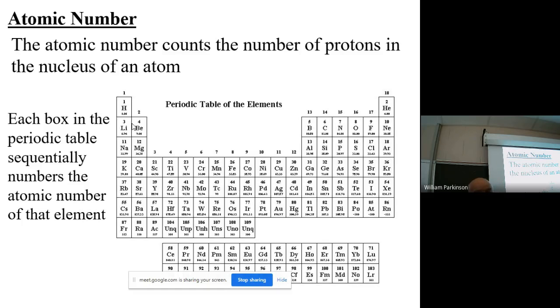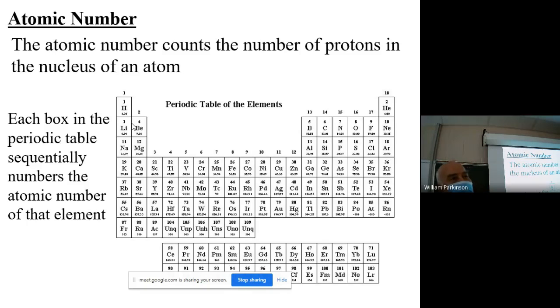Now, the other thing I want to point out to you is that these boxes are sequentially numbered. They begin at the upper left-hand corner with box 1. Then there's a big gap, and in the same row as box 1 is finally box 2, but I want you to notice there's a big space. Box 1 is in column 1. Box 2 is in column 18.